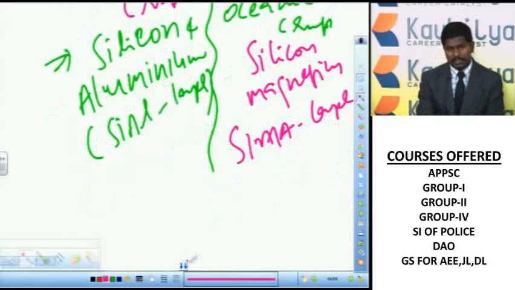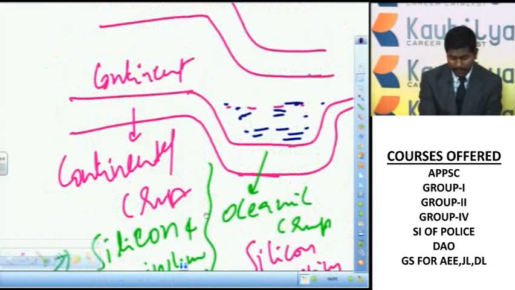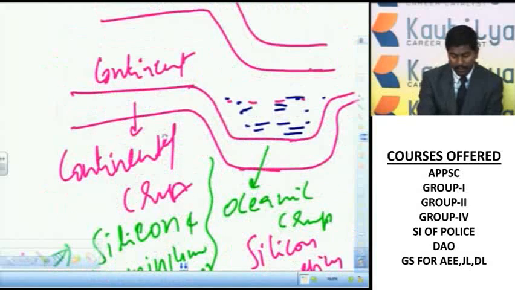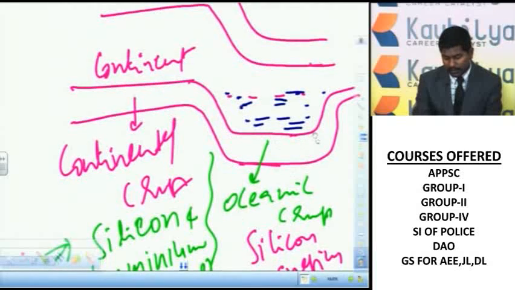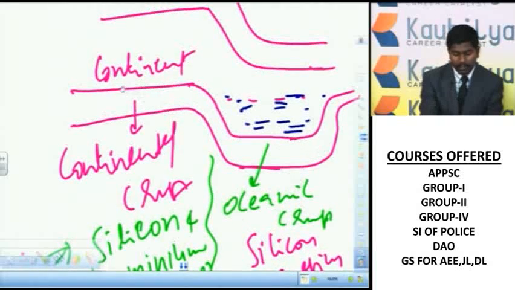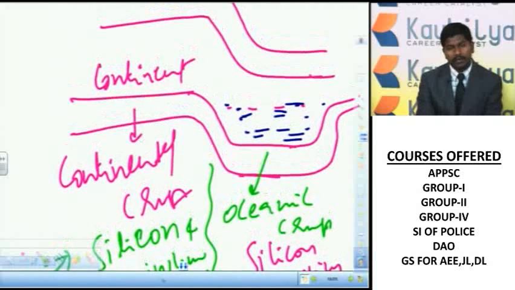Now if you look at this picture clearly, from the earth surface, take the depth of the continental crust and the depth of the oceanic crust. The oceanic crust lies somewhere between 35 to 40 kilometers, but the continental crust exists from the earth surface up to a depth of 25 to 30 kilometers.